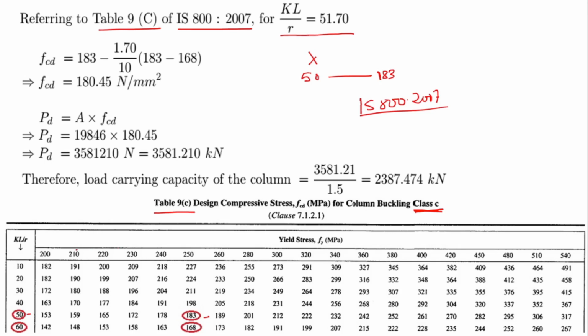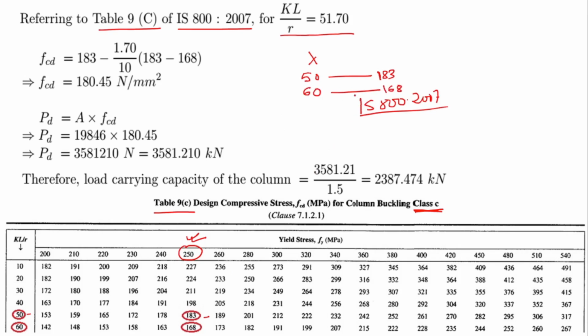See here in the top row different yield stresses are given, and the steel we are using for the design has the yield stress 250. So you have to follow this column. For 50 the design compressive stress for yield stress 250 is 183. Similarly for slenderness ratio 60 design compressive stress is 168.